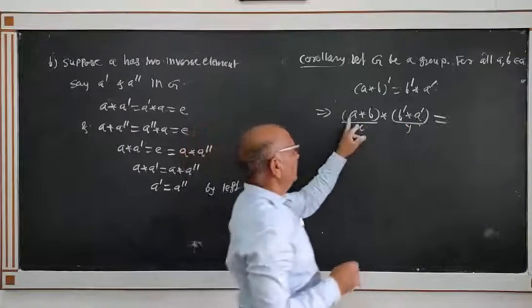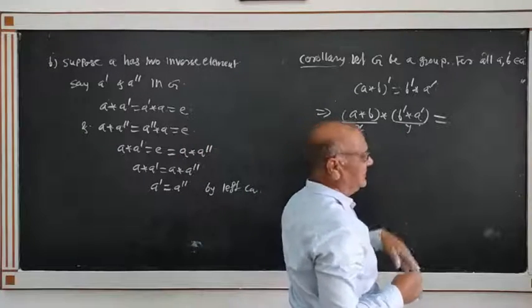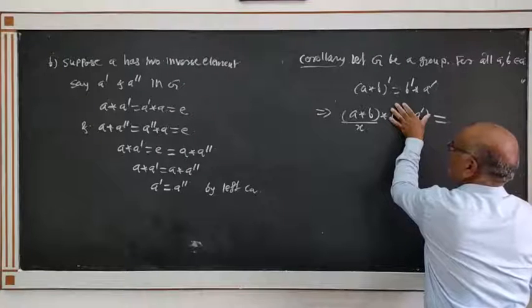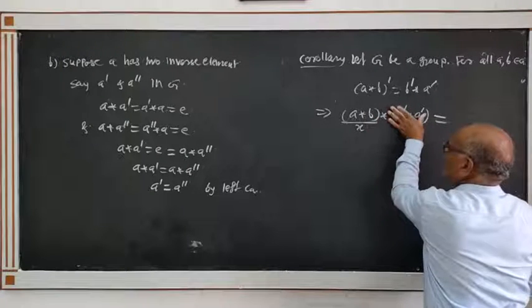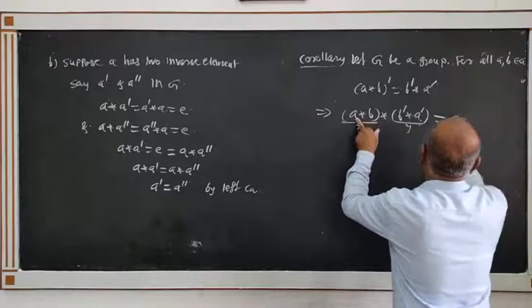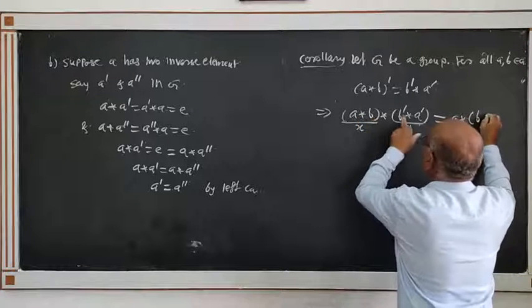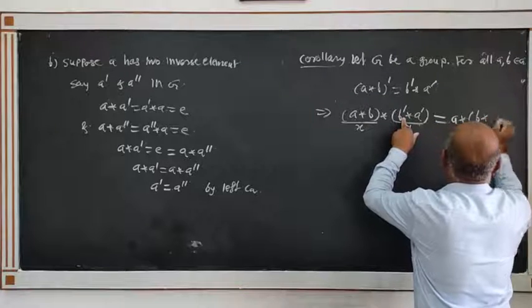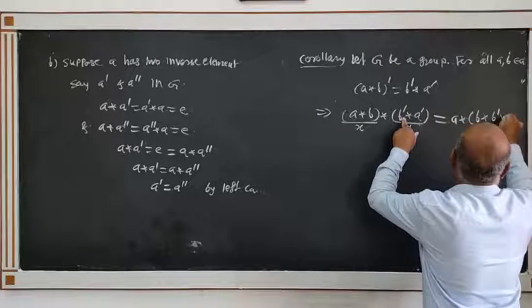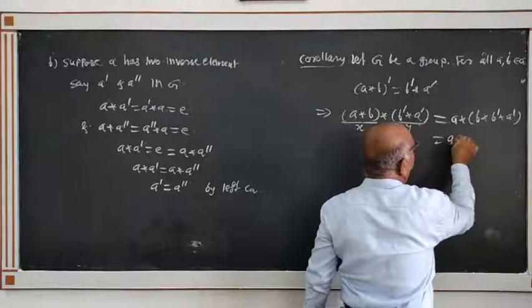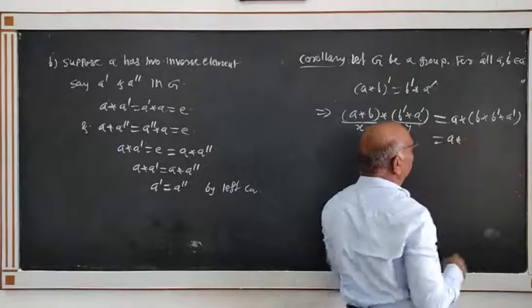Now use the associative property. This is one element. That means here a * (b * b inverse) * a inverse.